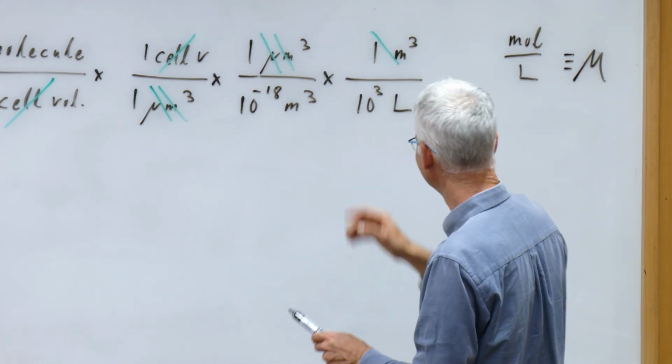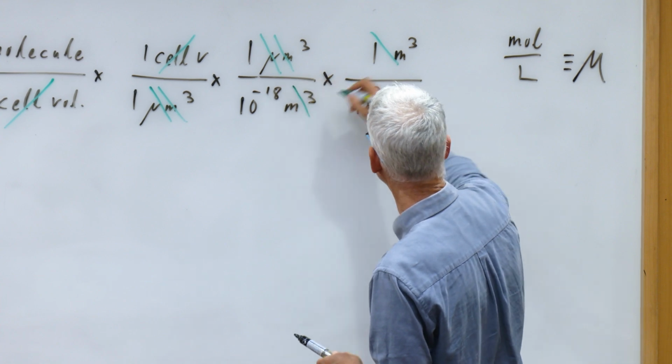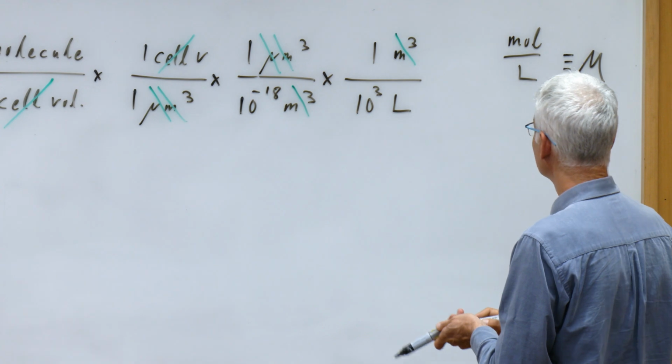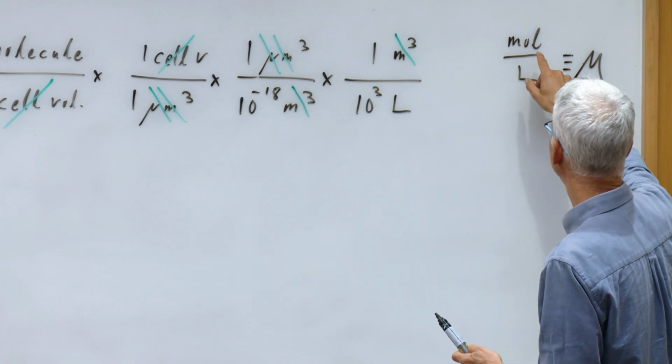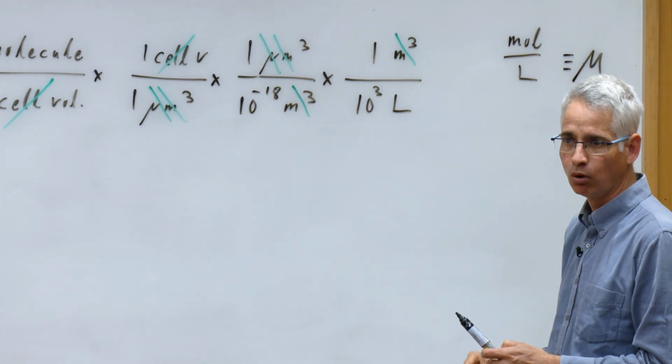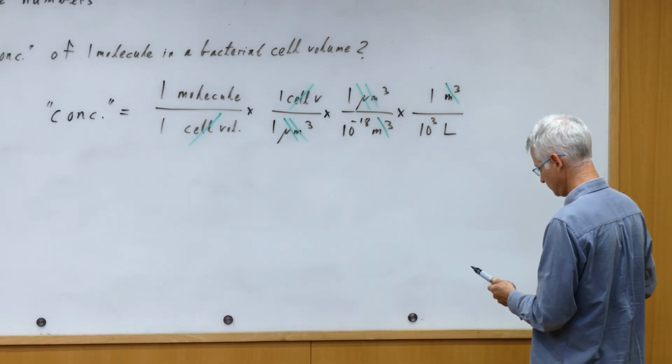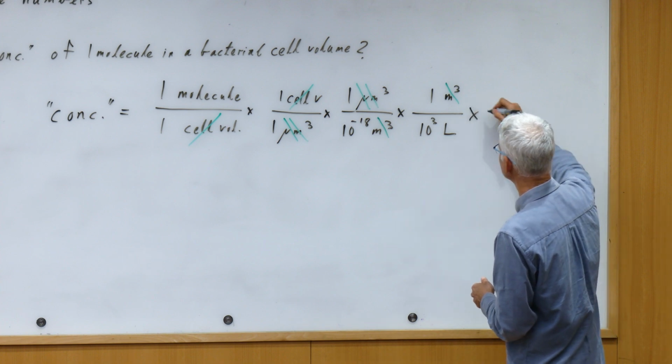Okay, so it's just this. Now we have the liters. Now I have the issue with the molecules versus moles. So let's multiply again by 1. How do I do this?